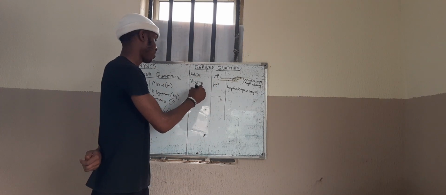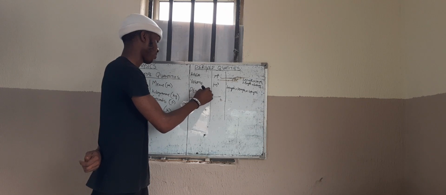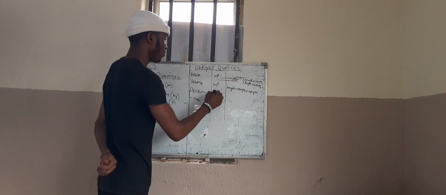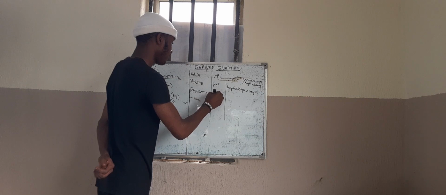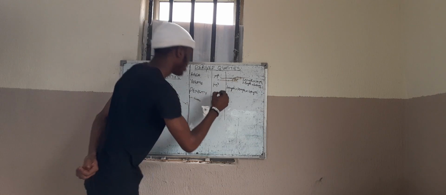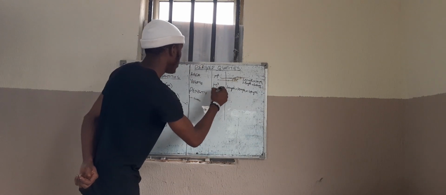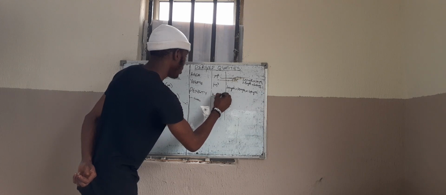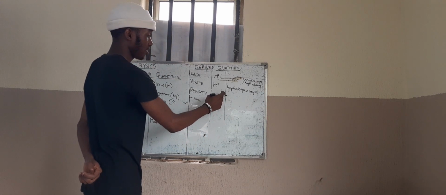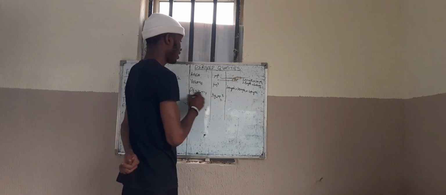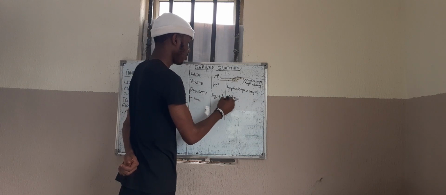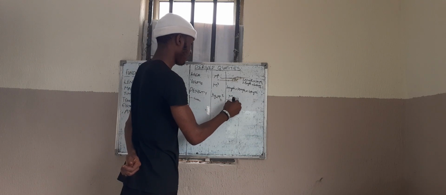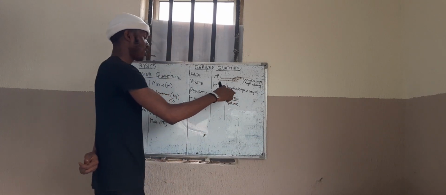So the unit of density is kilogram per meter cube. This one has a minus sign. I'll tell you why it has a negative sign. Then you see it is gotten from mass over volume. This is the formula for density.